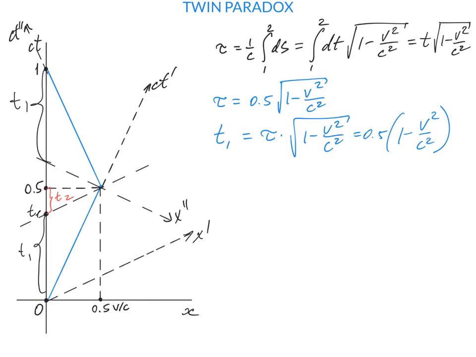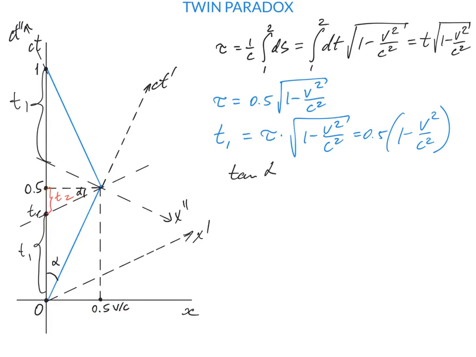Now, how do we find T2? Well, it's quite easy. The angle here is the same as here. Now, if we call this alpha, then in this picture, the tangent of alpha is the ratio of this distance and this distance. This distance is just half v over c, and this is just 1/2.